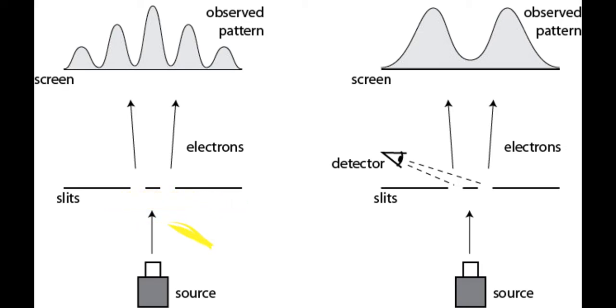A wave from one source, in this case one source of electrons, interferes with the wave coming from the other slit, and then we have this interference pattern. So okay, waves can propagate through two slits. It is easy to understand.